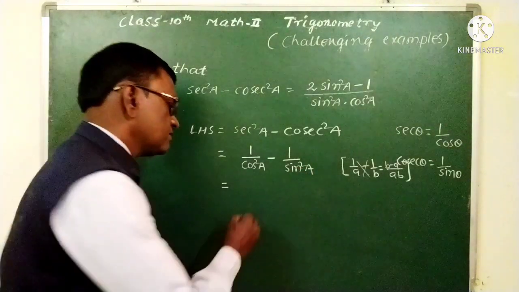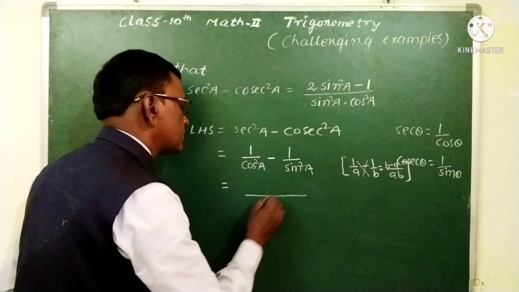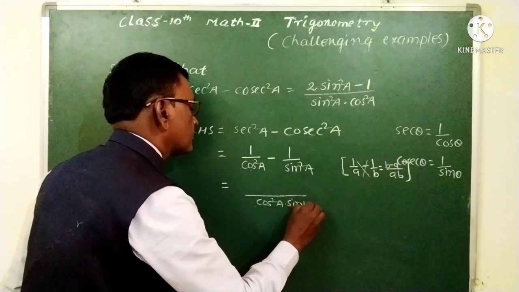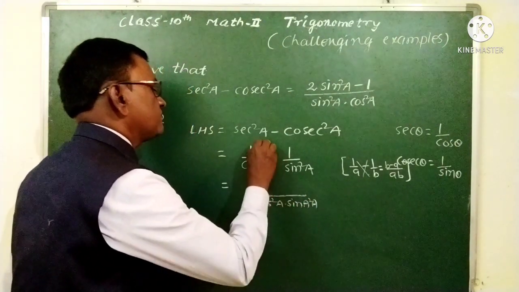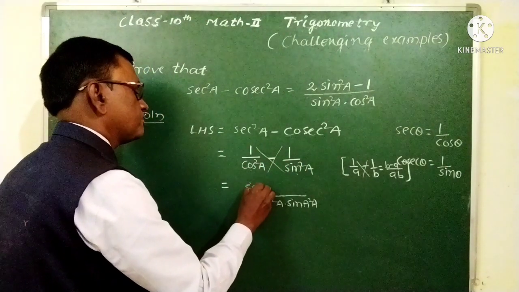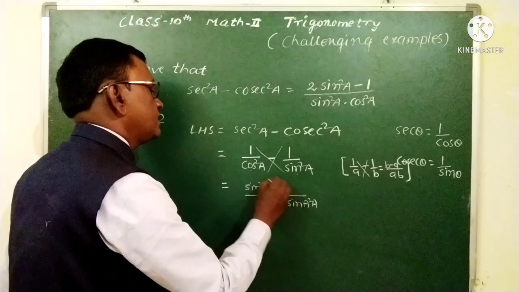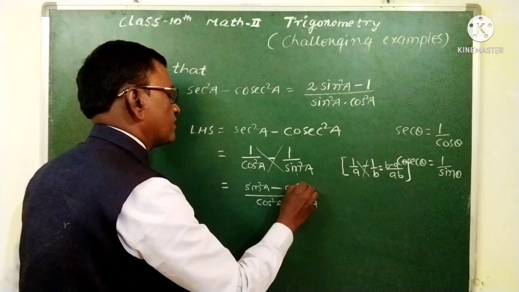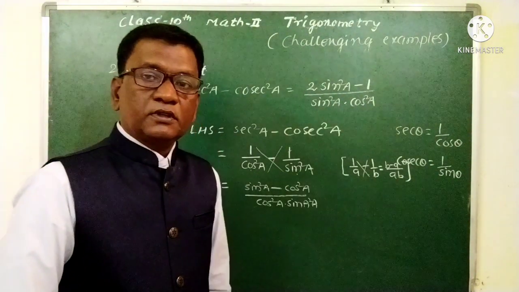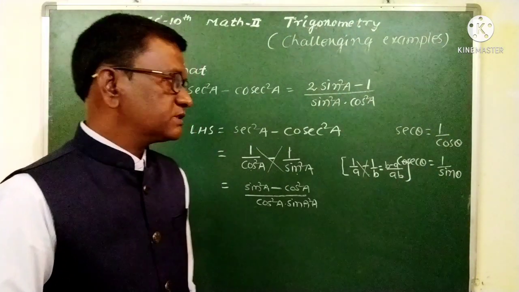Here LCM is cos square A into sin square A. Take cross multiplication. 1 into sin square A is sin square A minus 1 into cos square A is cos square A. Again, we have some trigonometric formulas.